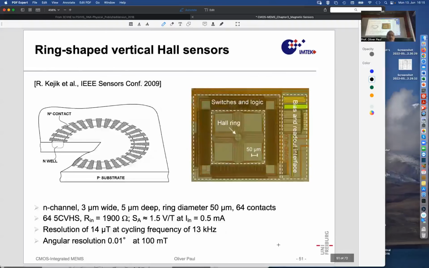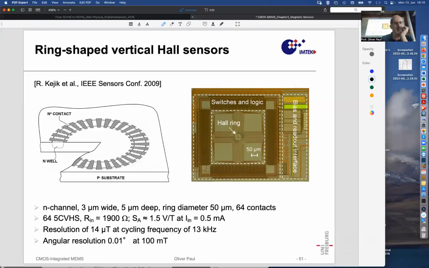Now here is a totally different kind of device, which looks like a child's train running in circles, doesn't it? Yeah, 2 rails, but it's not that actually. It's a circular 5-contact Hall sensor. Now you might wonder why 5. You see many of those. Yes, actually, it was 64 of those contacts.